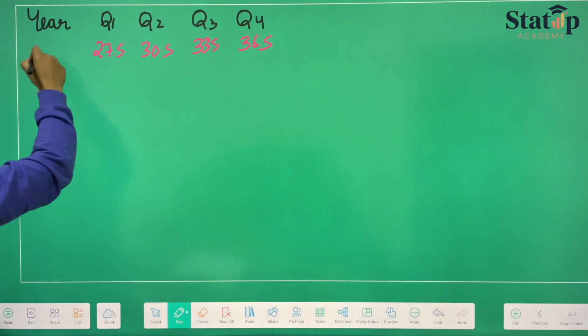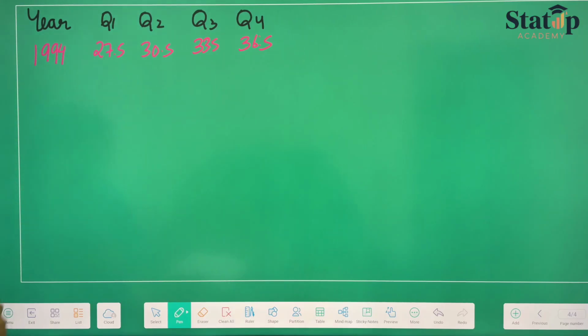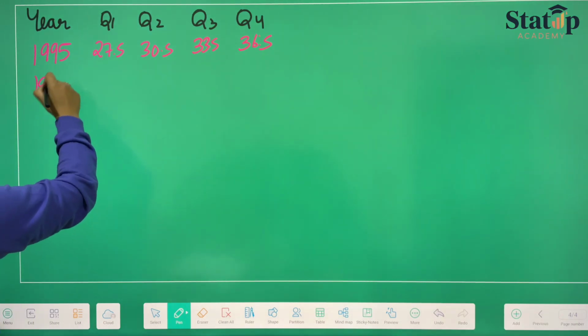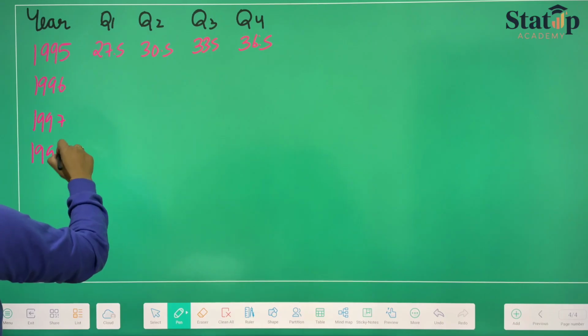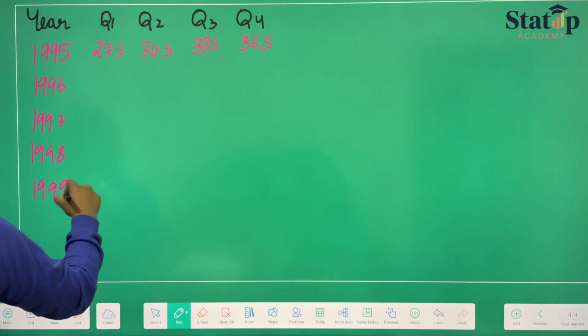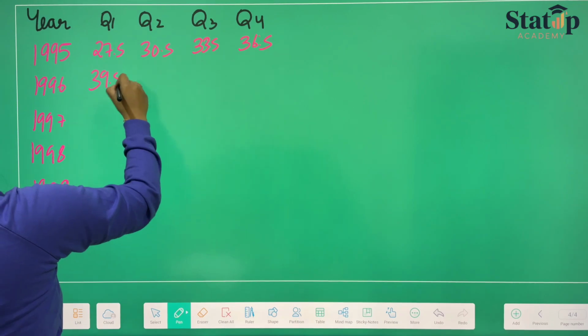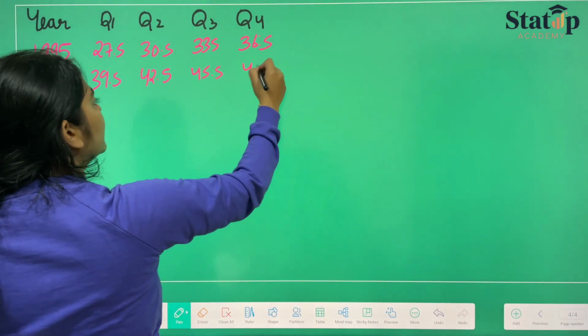These were the new values for the year 1994. Then 1995, and similarly for 1996, 1997, 1998 and 1999 we'll calculate. So the calculated values are 39.5, 42.5, 45.5, 48.5.